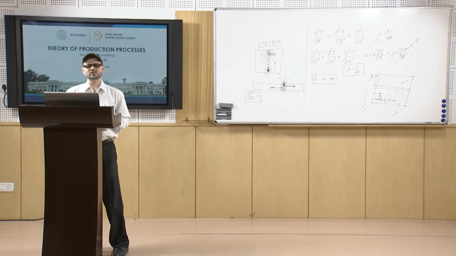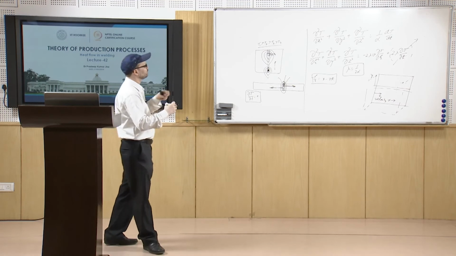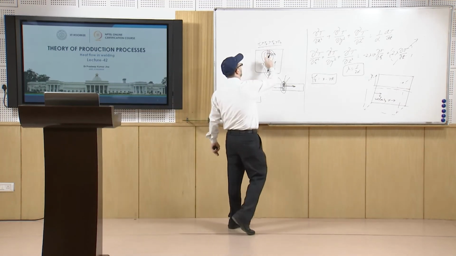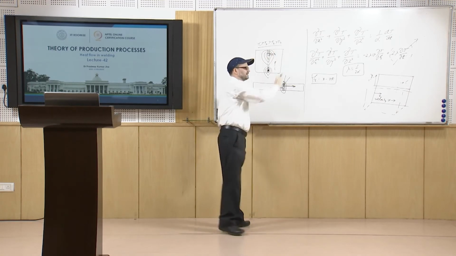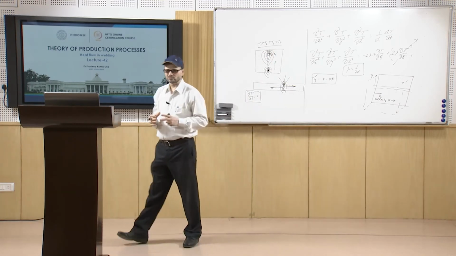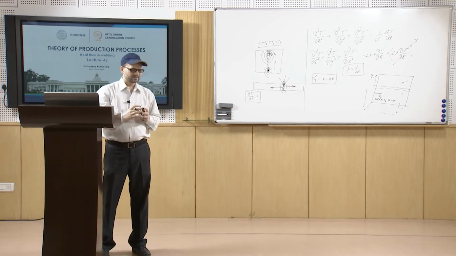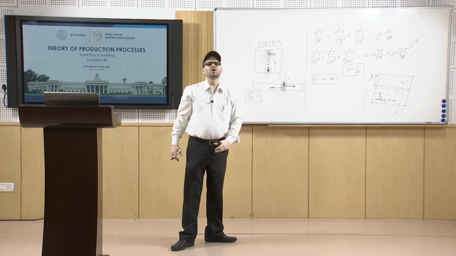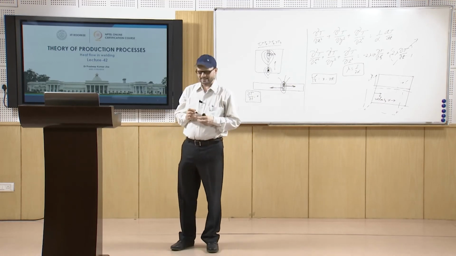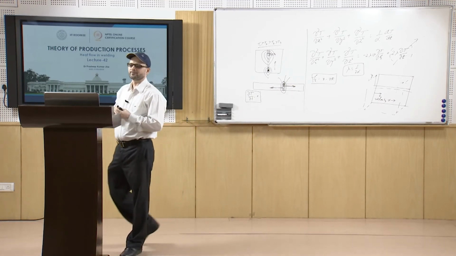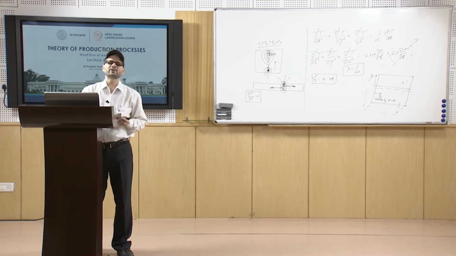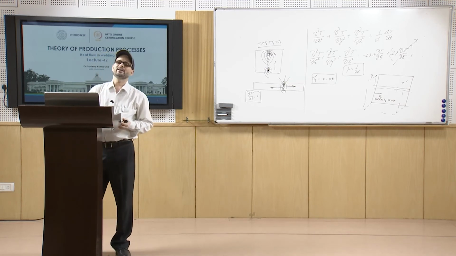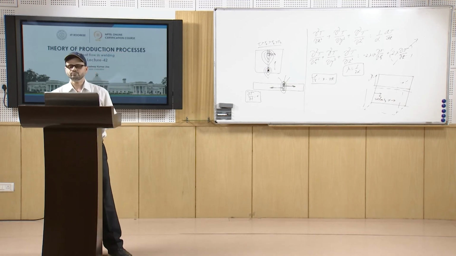Now, based on that, when you try to draw the isotherms, then you get this particular type of isotherms, and these isotherms talk about the kind of temperature history in a particular type of welding process, and then based on that you can predict the properties or microstructure in the welded specimen or so.